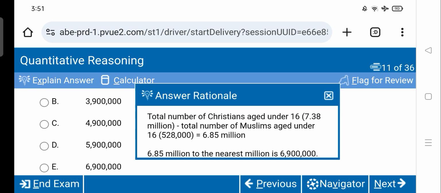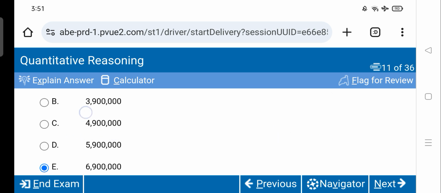So that's how we can say the correct option is option E.